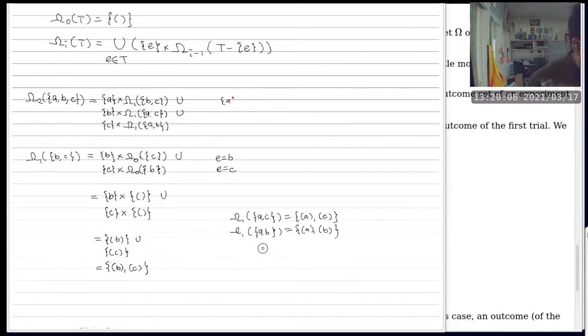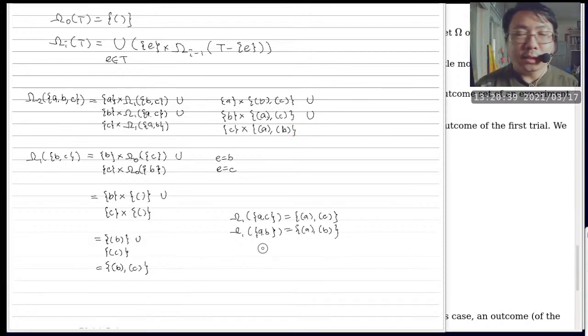So we have A Cartesian product with the set of, let's see, this is BC, so the single tuple B and the single tuple C, unioned with B Cartesian product with the set of single tuple A and single tuple C, unioned with C in a set Cartesian product with single tuple A and single tuple B, like that.